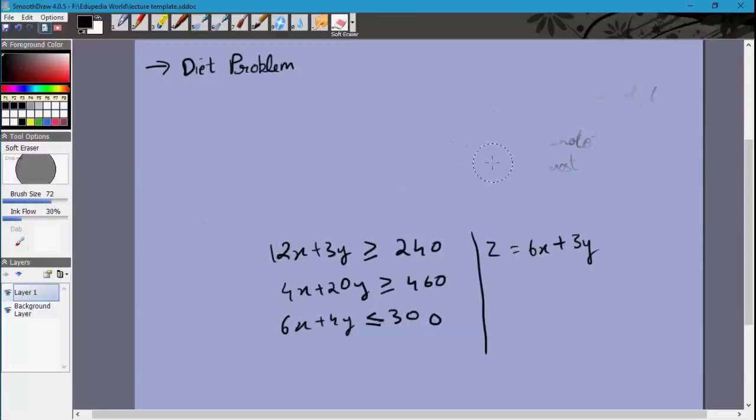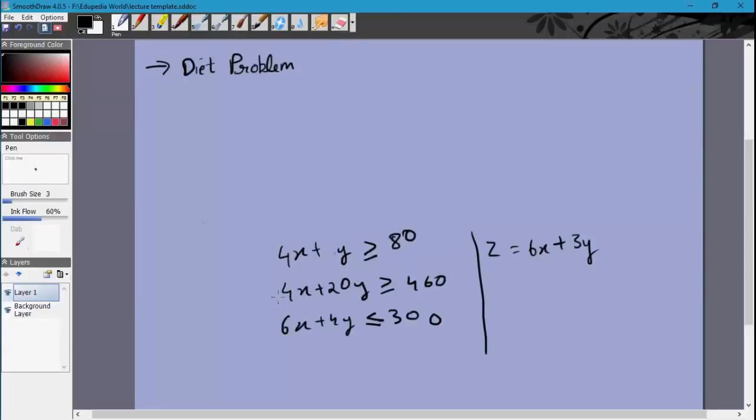Now it's best to first of all simplify the equations a little bit. So this equation basically comes out to be, 12x plus 3y basically will give me 4x plus y, and this will be divided by 3, so 80. So 4x plus y greater than or equal to 80.